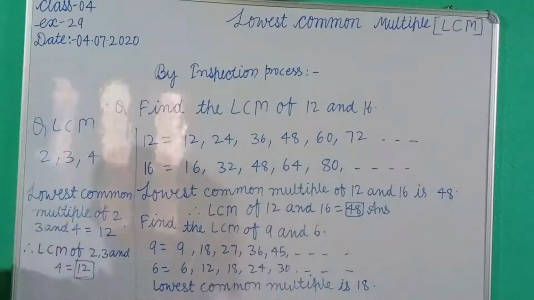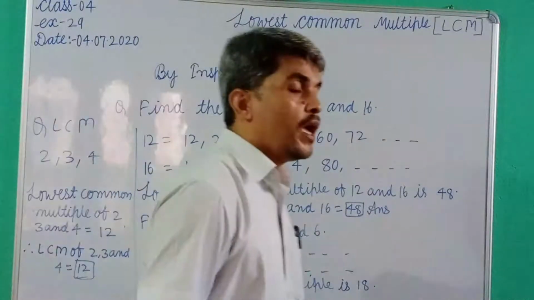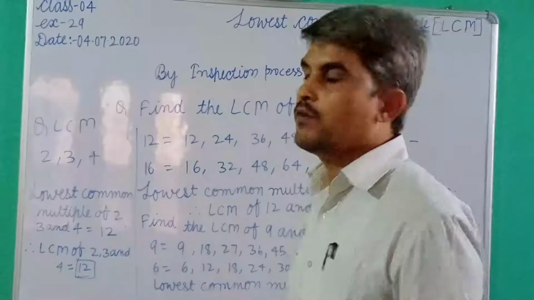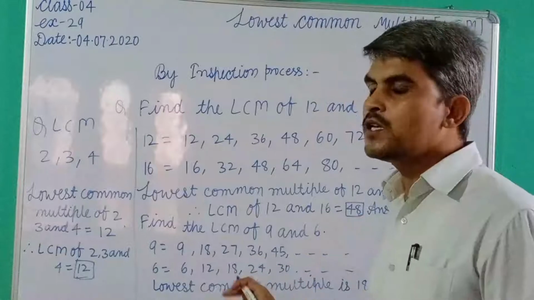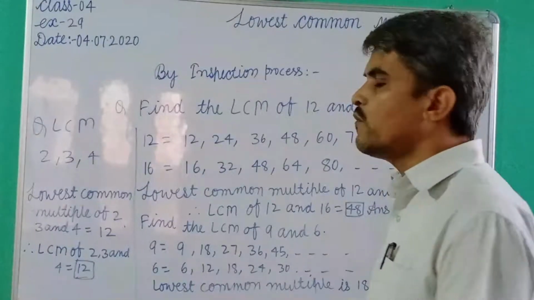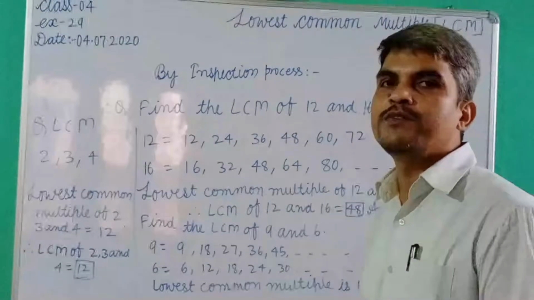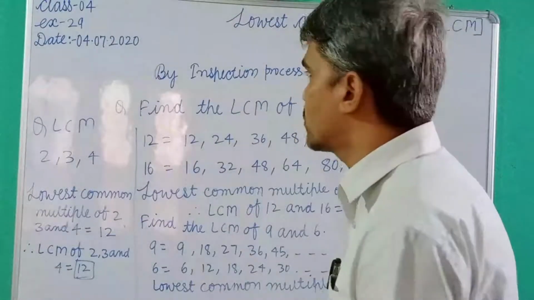Students, orally you find the LCM of given numbers when you remember the tables. This process is only for smaller numbers, not for larger numbers. Larger numbers you find the LCM by the division process, by the factorization process.